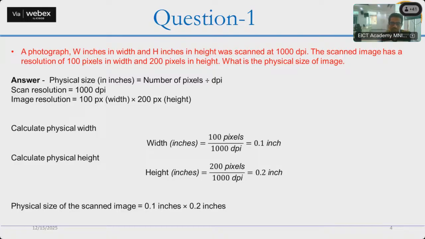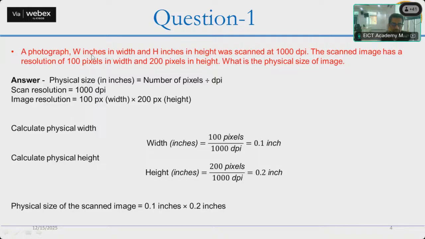Dots again represent the pixels. How many pixels are there? Here it is shown as dots per inch. The image has a resolution of 100 pixels.